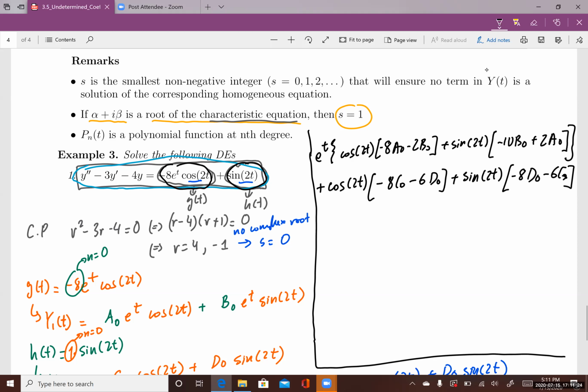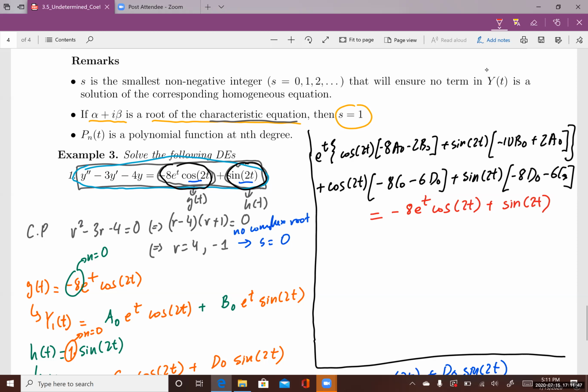Okay, and this is the left side after I plug everything in and simplify everything out. You have to force this to equal the right side, right? Equal to negative 8 e^t cosine of 2t plus sine of 2t.